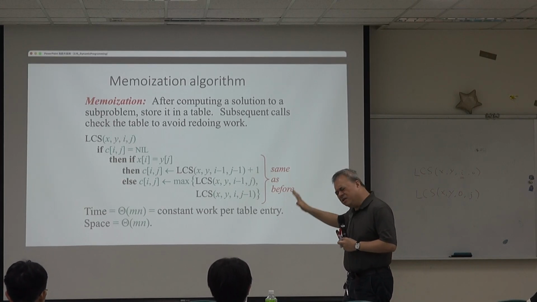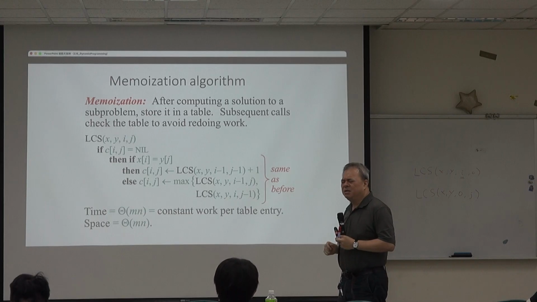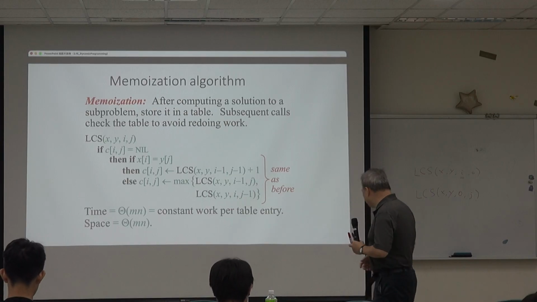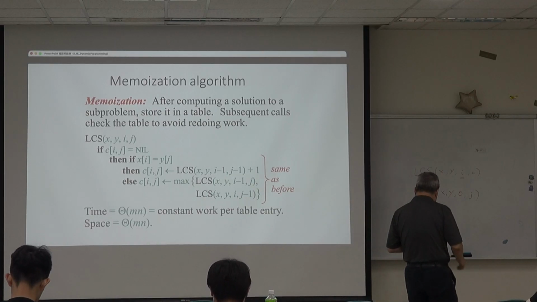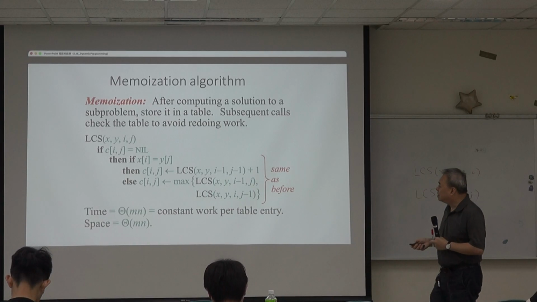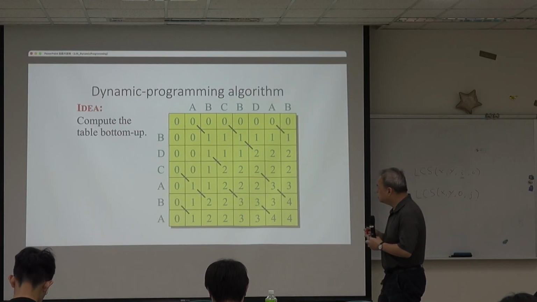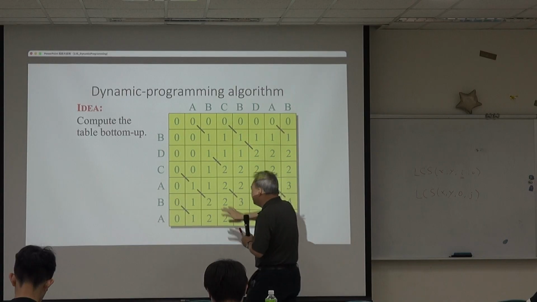Okay, so you are doing this from top to bottom. But the other idea is you can do that from bottom up. What do you mean by this idea? So this is the table.